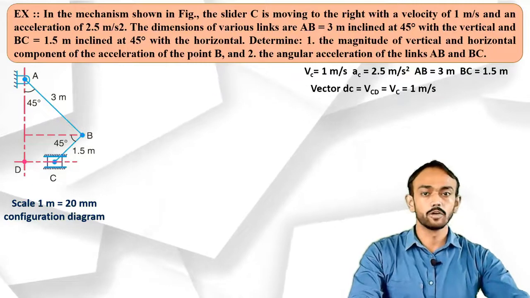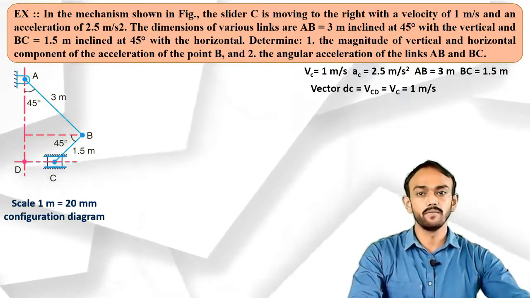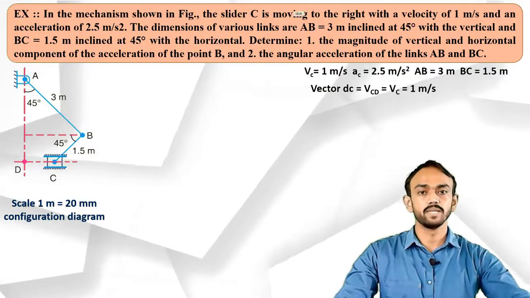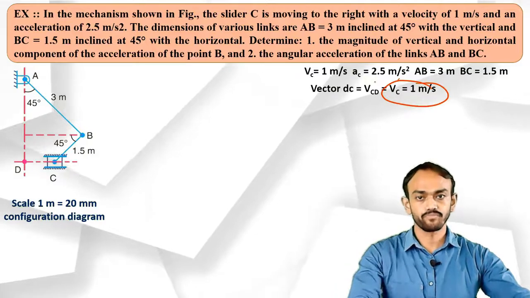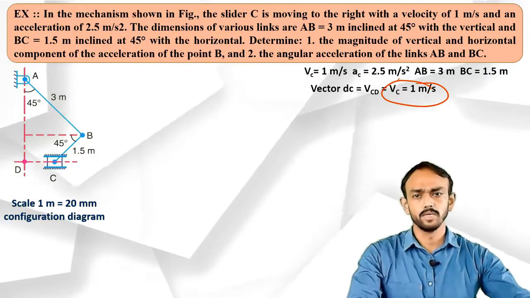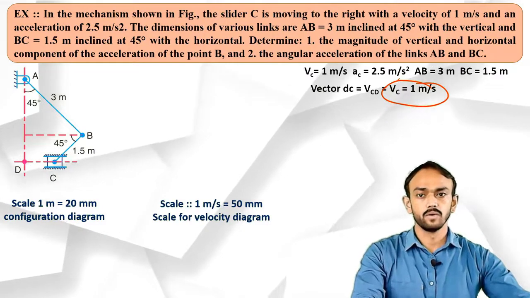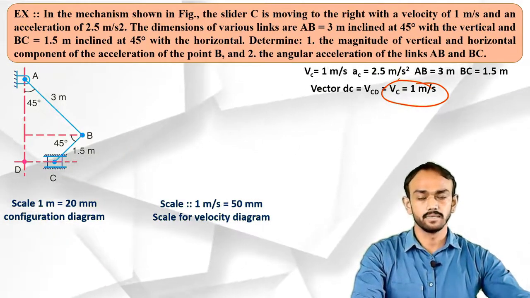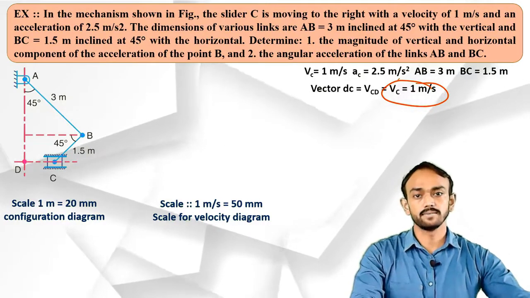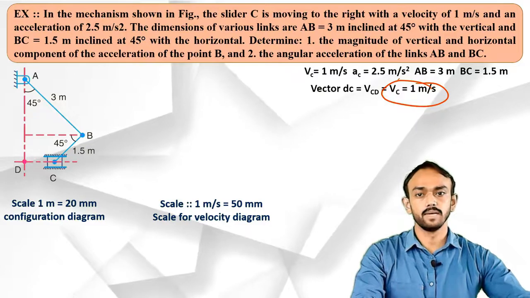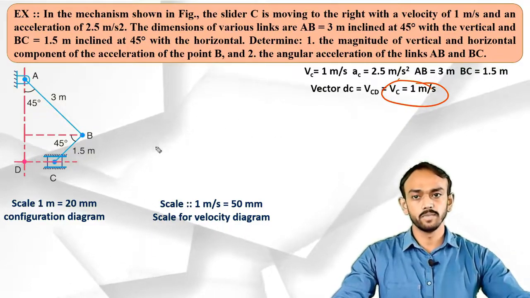Now we will draw the velocity diagram. For the velocity diagram, which velocity is given? You can see the velocity of the piston is given, 1 meter per second. So we take the scale of 50 mm for the velocity diagram. Now how can we draw this? As you know the rule, first always make the origin point.